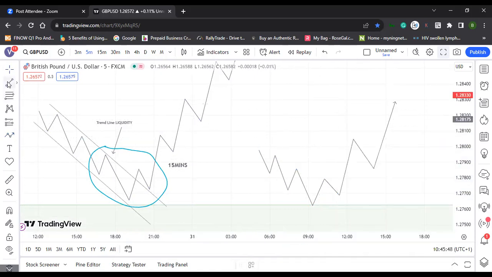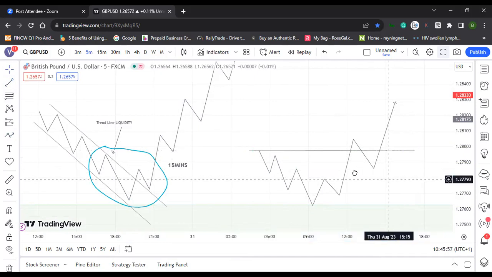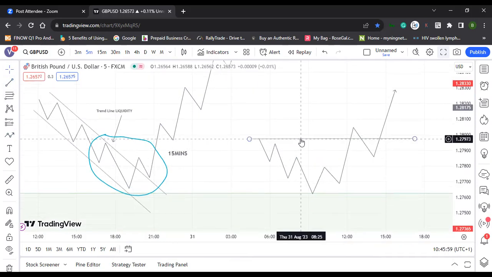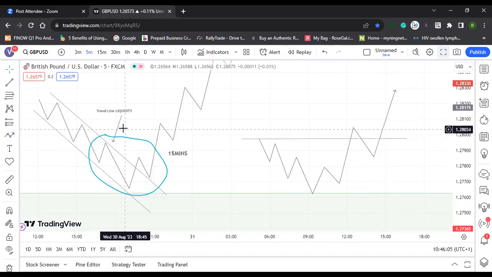So now what just happened here? This is resistance, liquidity on the resistance area. I would explain how most of them work.